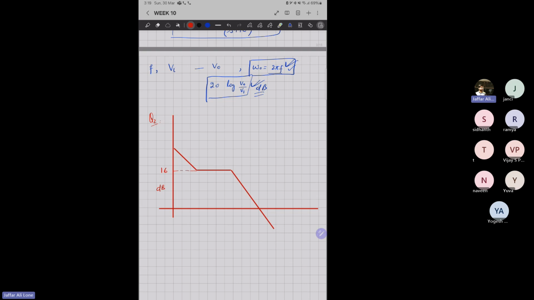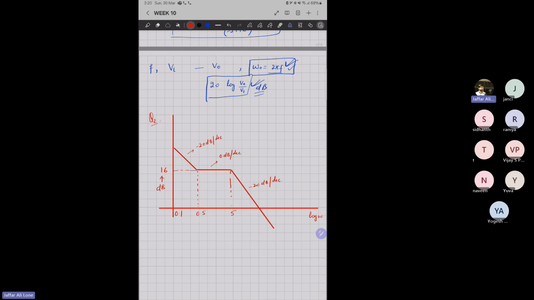So this is in dBs, you should know. This is 0.1, 0.5, this is 5. So log of omega, because it's a Bode plot. So this slope is minus 20 dB per decade. Similarly, this is 0 dB per decade. This is also minus 20 dB per decade.